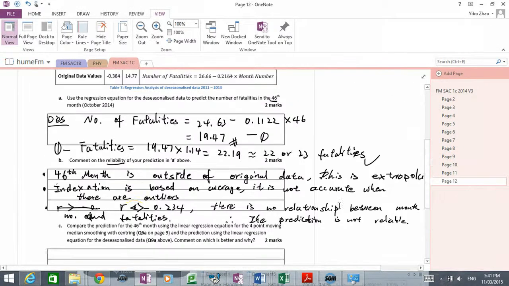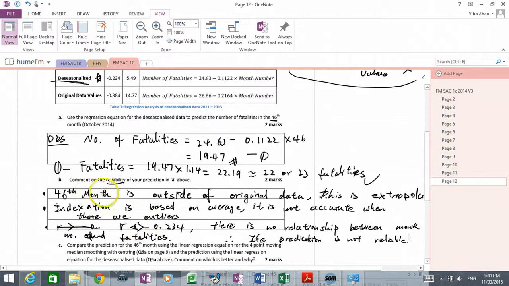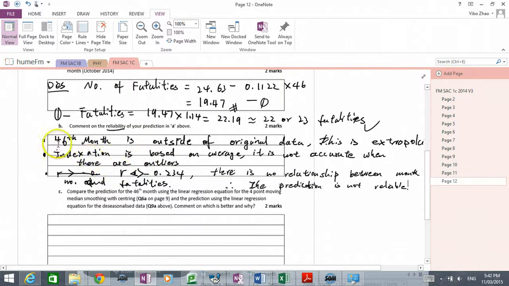So when we're talking about the reliability of seasonal index and seasonalized data, we need to mention extrapolation, the R value, the indexation, and whether there are outliers or not. Looking at the original data, there may be outliers, but we don't know, but we need to mention it.